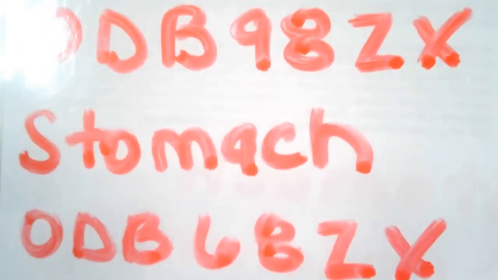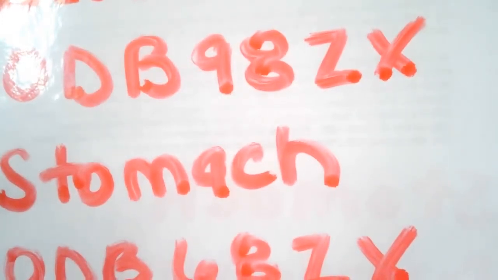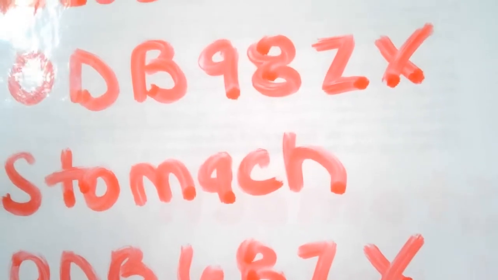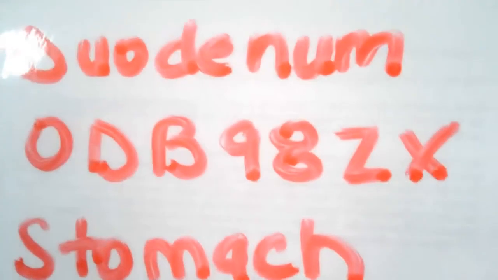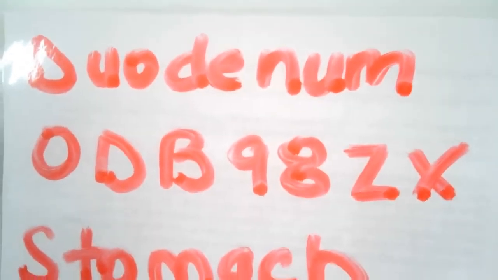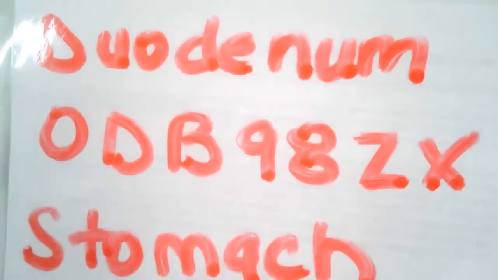Those are your final two codes for this particular case. Again, this was our patient who had the esophagogastroduodenoscopy with biopsy. The first body part was the duodenum, and the second body part was the stomach.